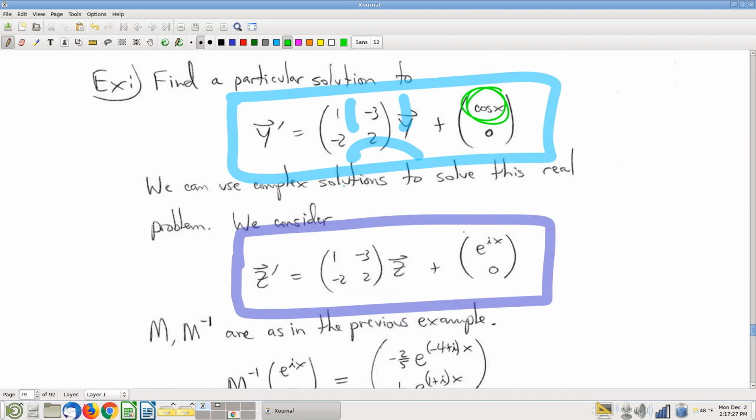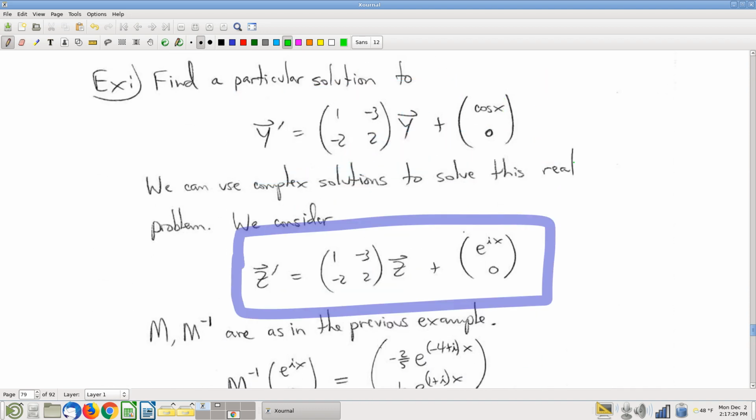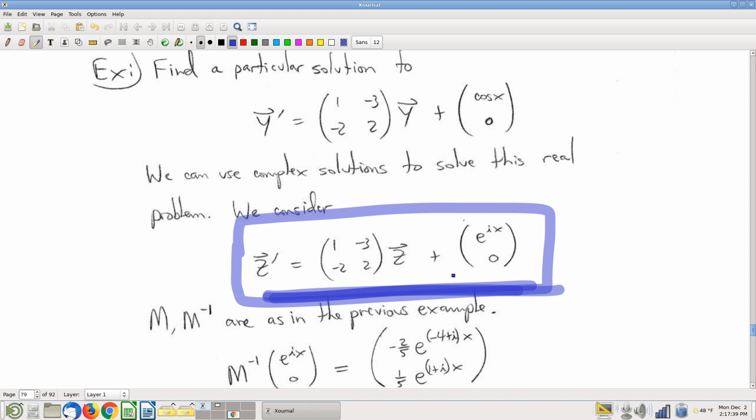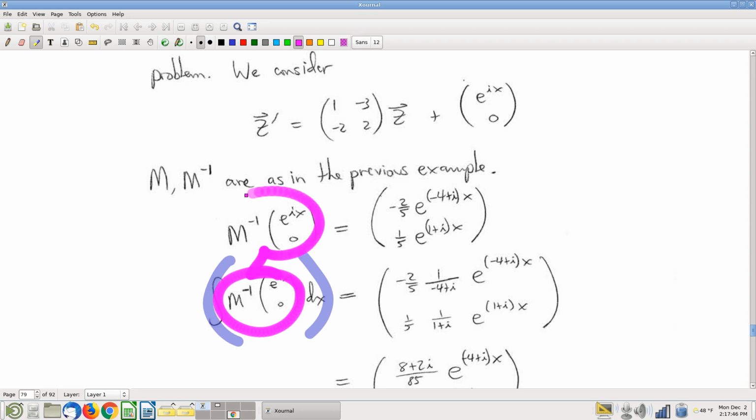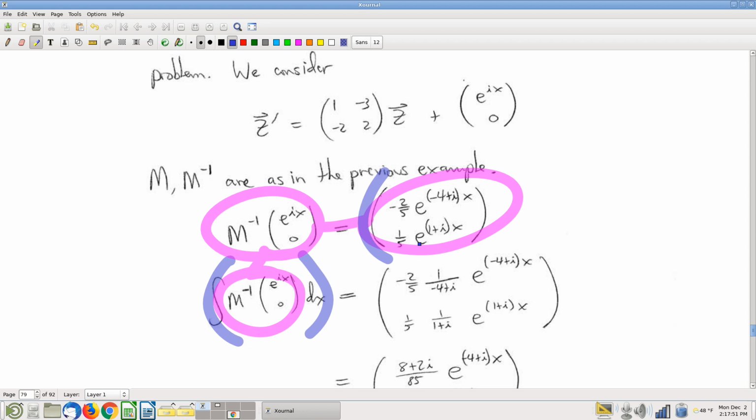But notice that if instead we look at this associated complex equation, okay, it's complex, and all else being equal, I suppose not as good. But look at the integral that you end up having to do. You end up having to do an integral of what is in fact just a bunch of exponentials. And integrals of exponentials are easy. They're among the easiest integrals out there, right up there with polynomials on easy to integrate.